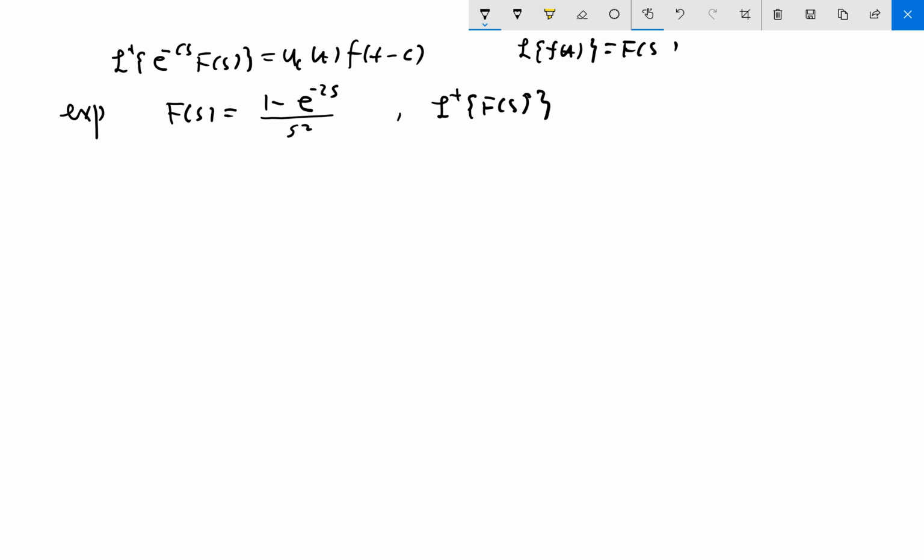So the inverse Laplace transform of capital F(s) is like the inverse Laplace transform of 1 over s squared minus e to the negative 2s times 1 over s squared. Use the property of the inverse Laplace transform. You just find each one.